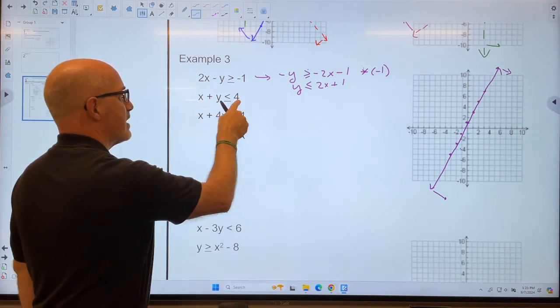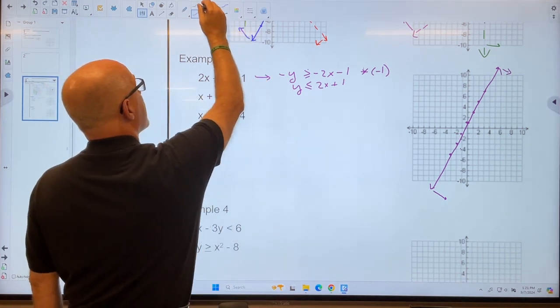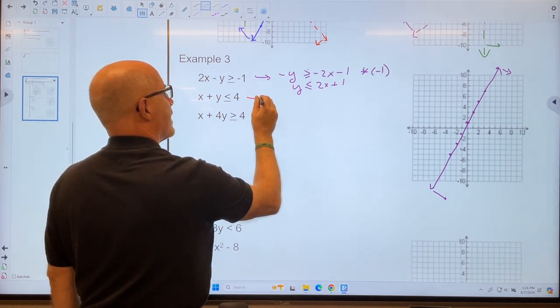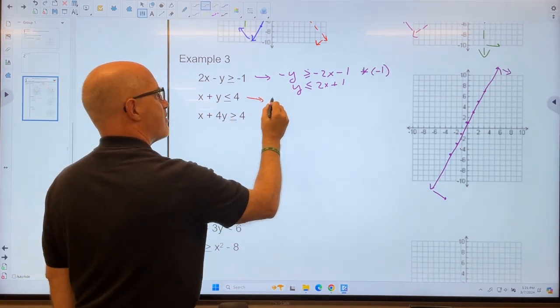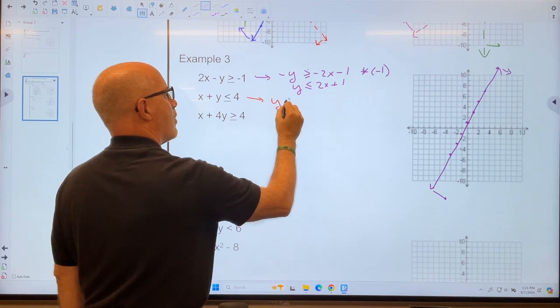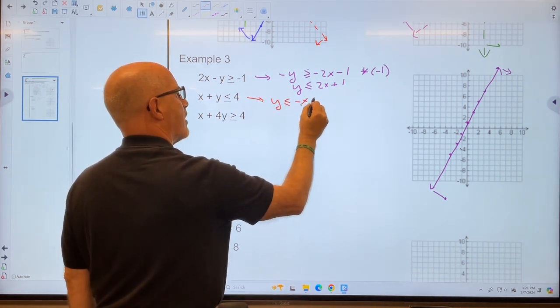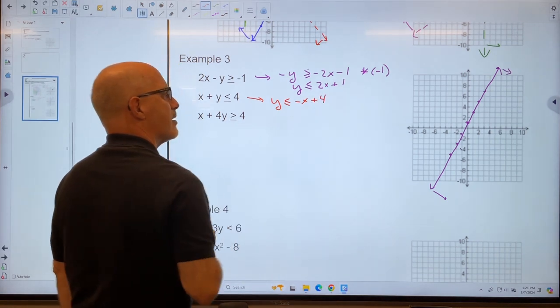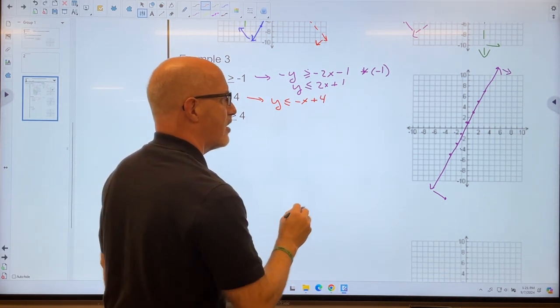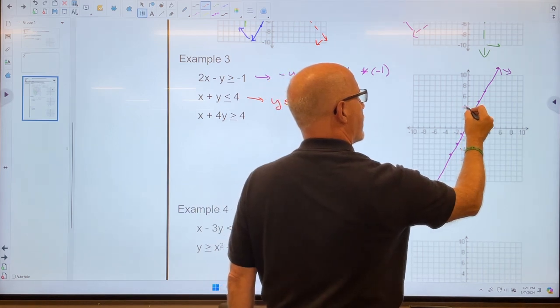All right, let's do this next one. This one's easier to get into slope-intercept form. I just go ahead and subtract an x from both sides. So I'm going to have y is less than, put the minus x first before the number. Okay, and I'm going to graph that as a solid line starting at 4.